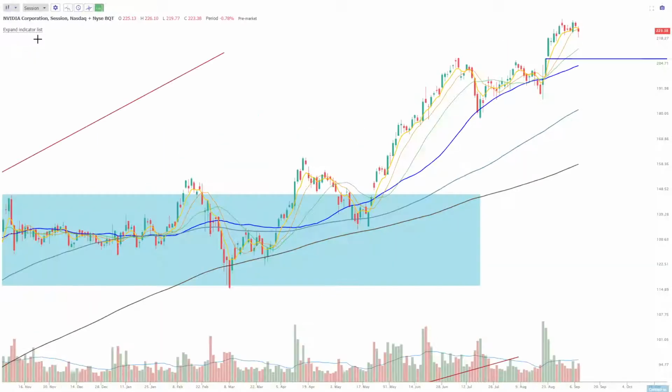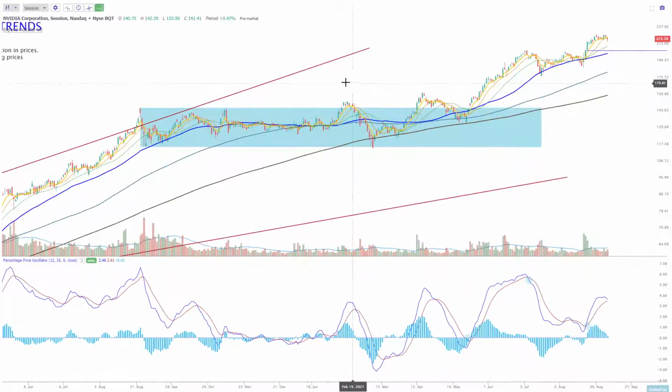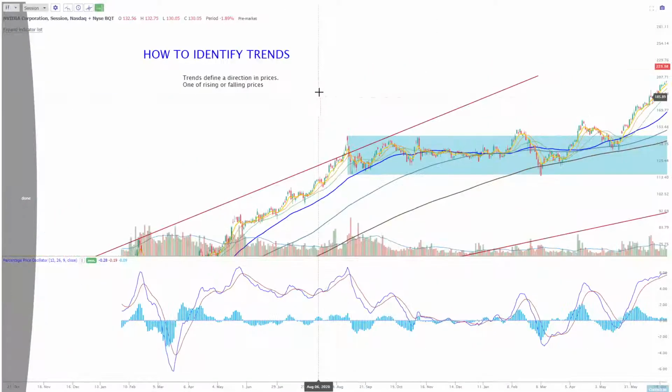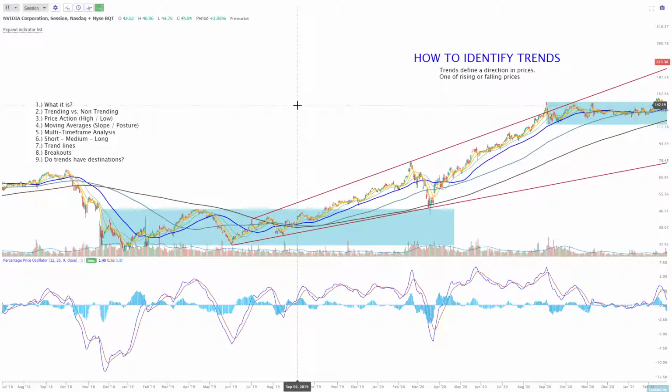The weaker trends will pull back to the 20 and the 40 more frequently. But yeah, when we talk about the short, medium, and long term and multi-time frame, multi-time frame is using 3 charts to identify your trend. We're bull on the monthly, bull on the weekly, bear on the daily.